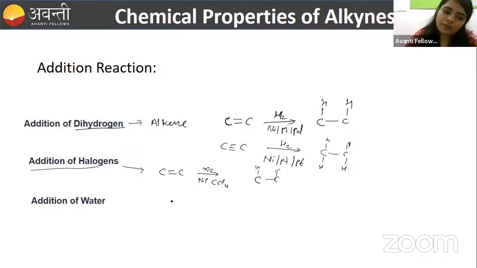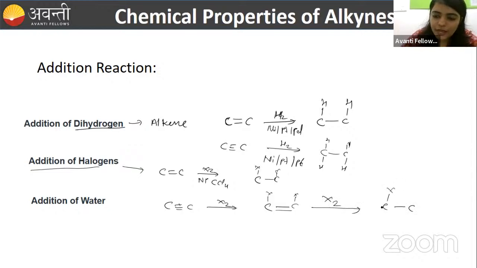Okay, the same concept will be followed here, and we will take halogen and then break one bond and add halogen here and break this, like this kind of reaction. This will be your intermediate product. Then we can take more X2 and form a tetrahalide. Okay, this kind of reaction can be done.